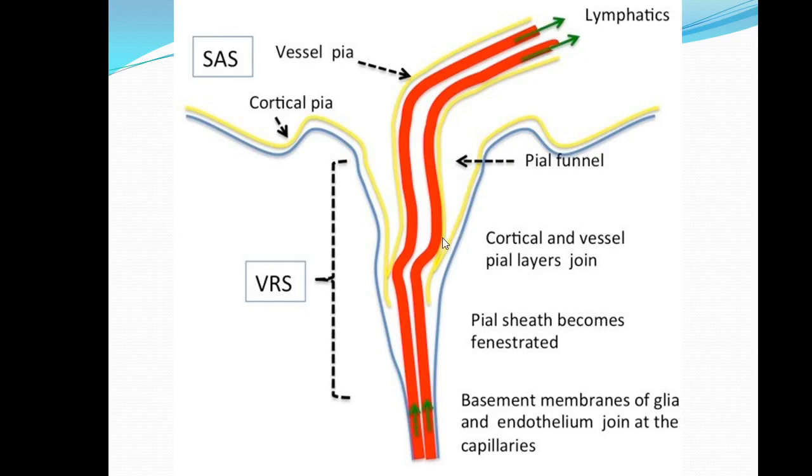So this funnel here you can see, and finally here the two layers of pia, one around the blood vessel and another around the cortical pia, around the nervous tissue, finally fuse, tapered up. So this is the perivascular space.